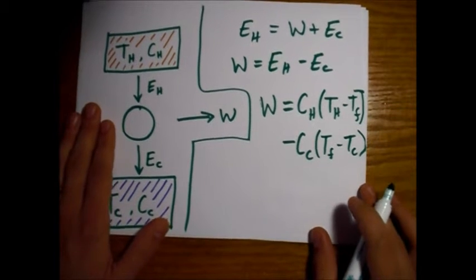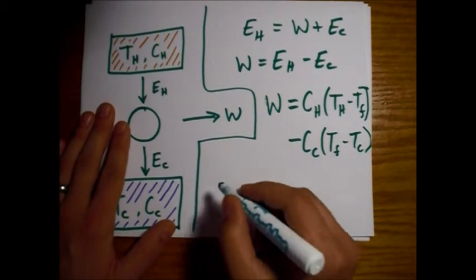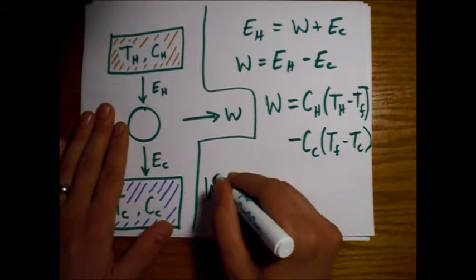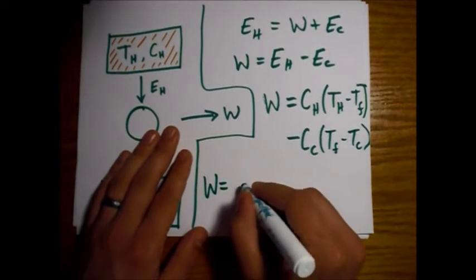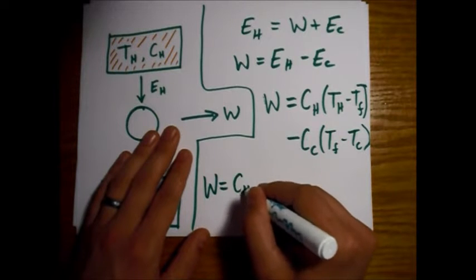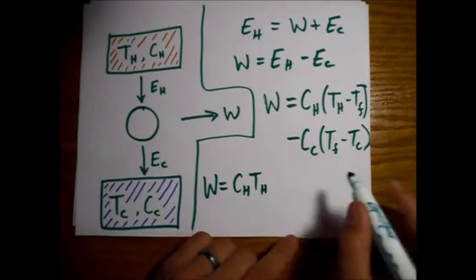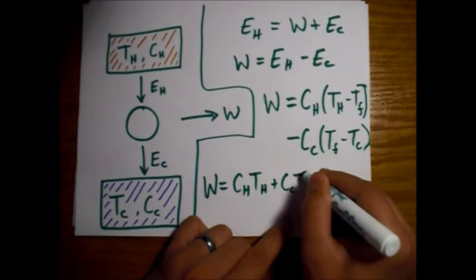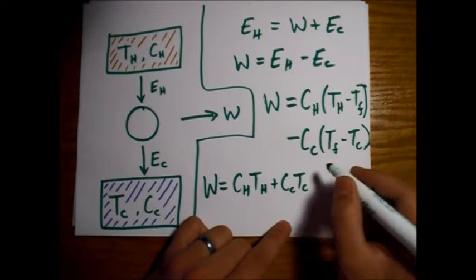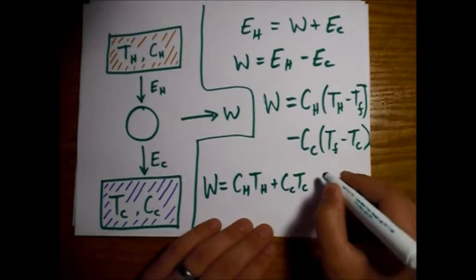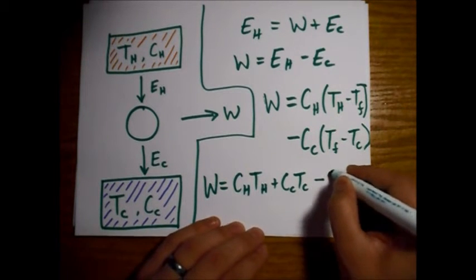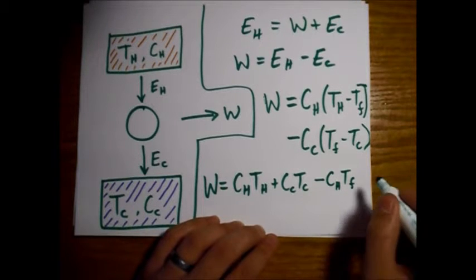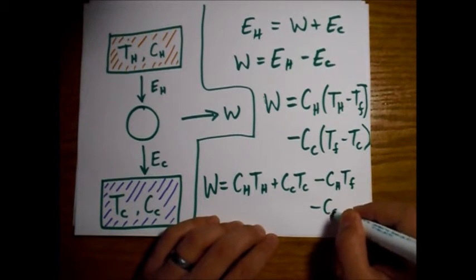All right, so great. Let's just rearrange this really quick. We're just going to have CH TH plus CC TC, and then minus CH TF minus CC TF.